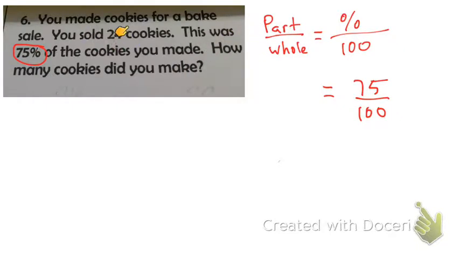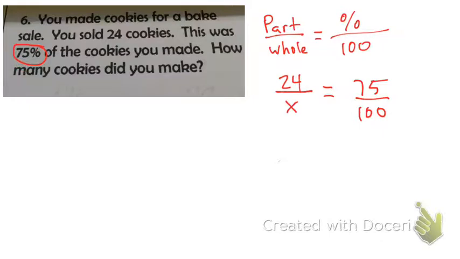You sold 24 cookies. How many cookies did you make? The amount of cookies you made is your whole amount, and we don't know that, so we're going to put it as X. The part we're talking about, the cookies we sold, was 24 out of the entire batch.